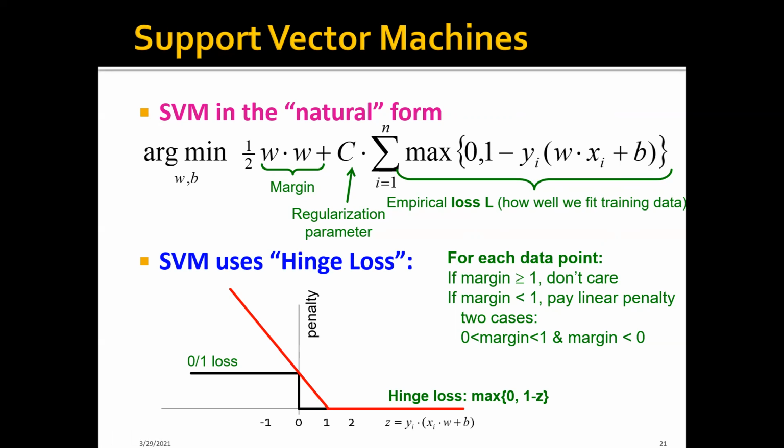In a hinge loss function, if the margin, or this z, is larger than or equal to 1, then the value will be 0. Otherwise, it will increase linearly, going upwards. So why do we want to use this hinge loss? The reason is that ideally what we actually want is a 0-1 loss.